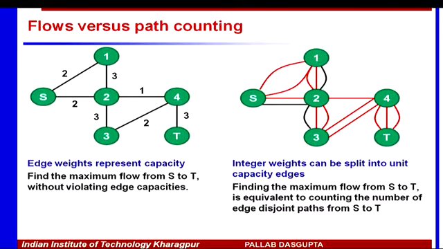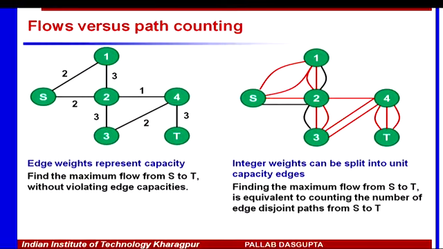So, we can think of flows as counting the number of edge disjoint paths that I can have from a vertex S to a vertex T. But this makes a fundamental assumption which is not what we always want to make.